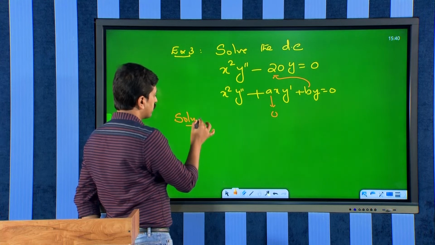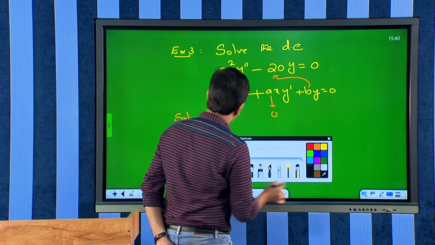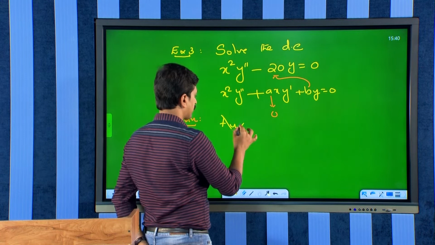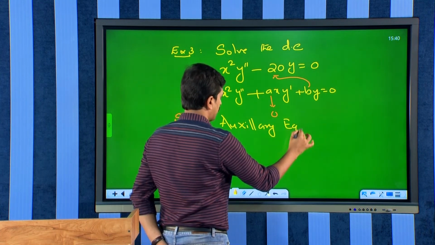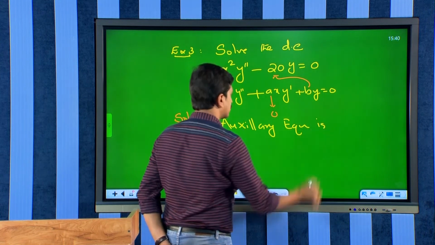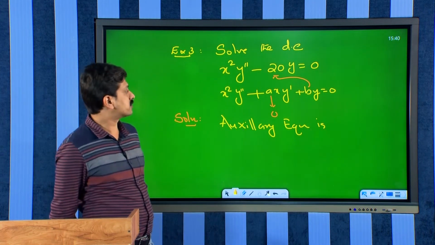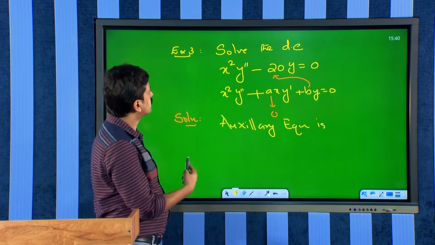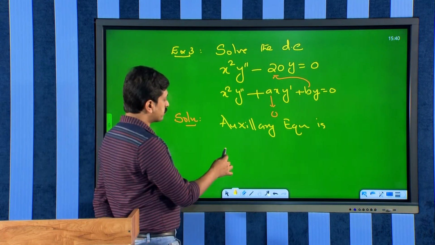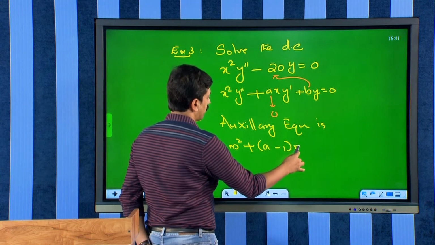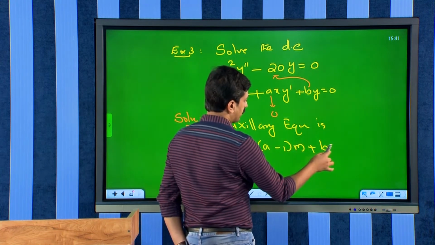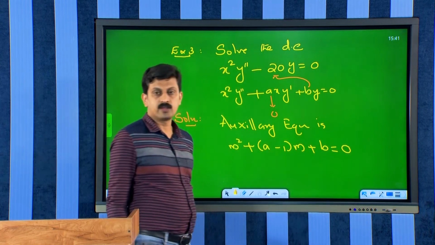For the solution we write the auxiliary equation. The auxiliary equation is m square plus (a minus 1) into m plus b equal to 0. Okay, fine.